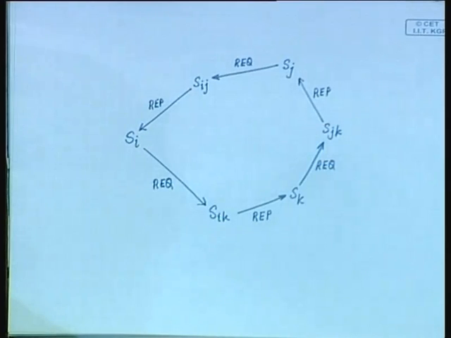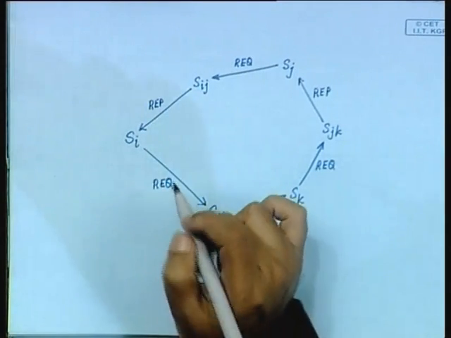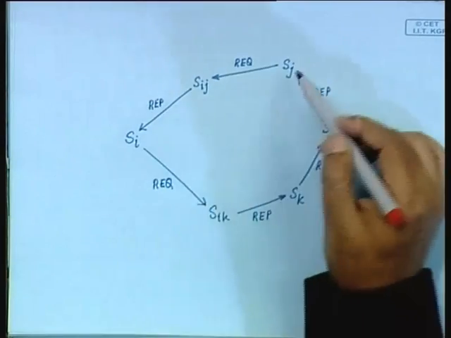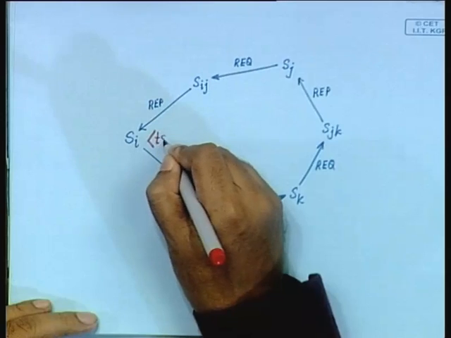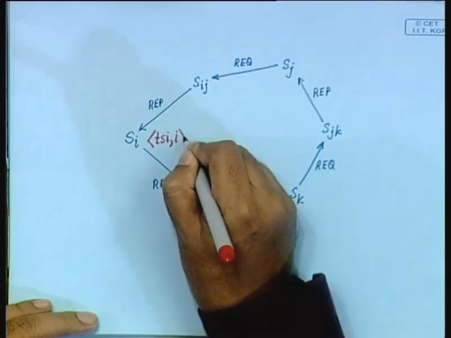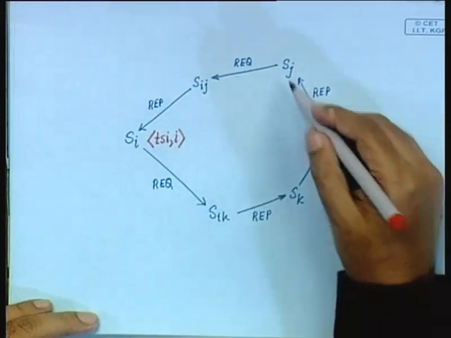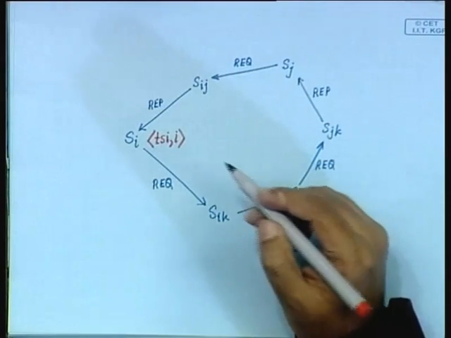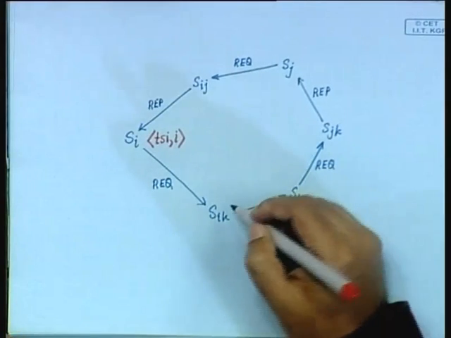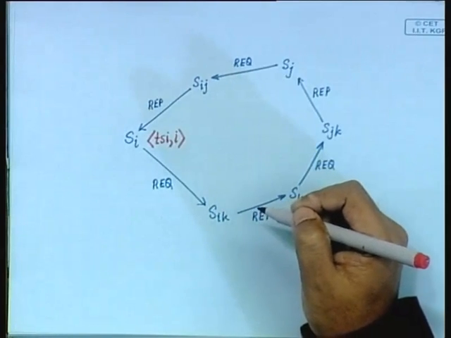Now, what is going to happen here? Let us say without loss of generality that Si's request has the smallest timestamp among the requests of Si, Sj and Sk. So, let us say TSi is the minimum timestamp request among all these three, okay. So, now what is Sik going to do?